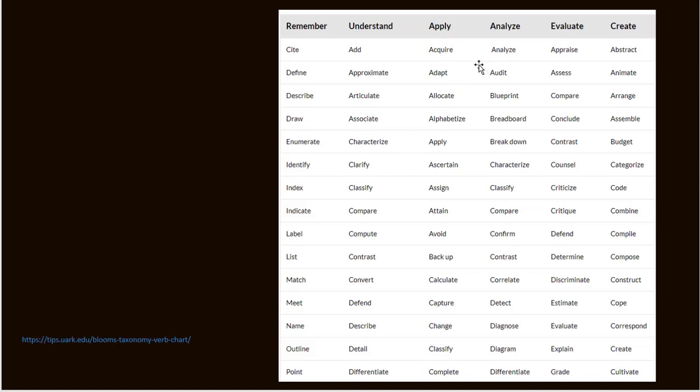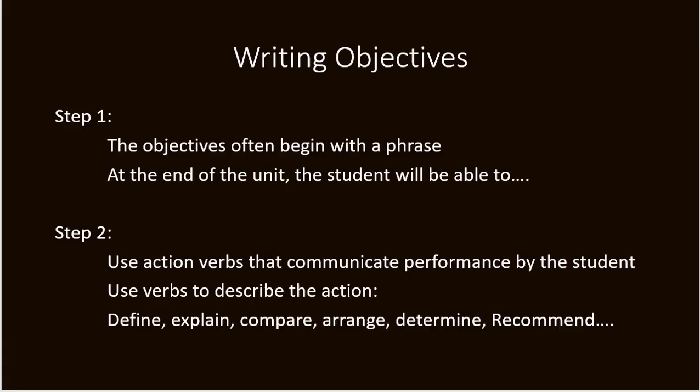As we move up to apply: acquire, adapt, allocate, etc. Analyze, classify. In the evaluate and create levels, people begin to not just regurgitate knowledge that they learned, but make something else with it. So when you say compare and contrast, that's something at the evaluate and the create level.